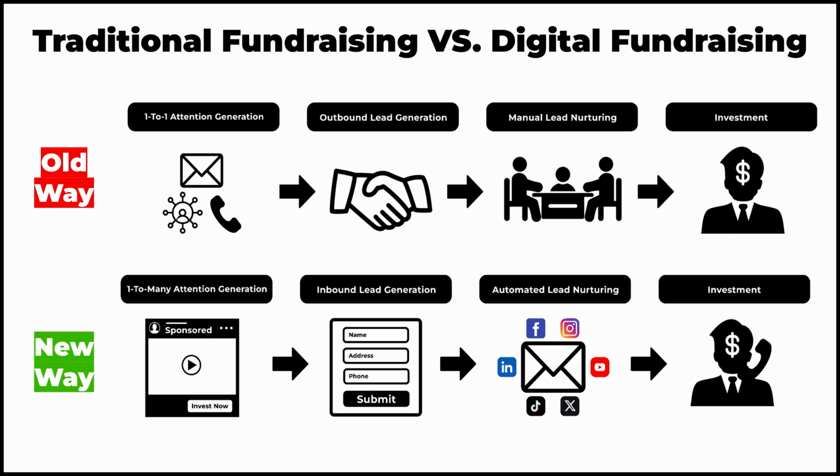Then finally, once ready to launch your investment offering, you can send out a couple of emails to your pipeline, plus leverage the engagement data from your content and website to have your investor relations team prioritize their outreach to the most engaged and qualified leads with the highest intent to invest, allowing you to be super efficient with your manual time and effort. So that's the difference between traditional fundraising and digital fundraising.